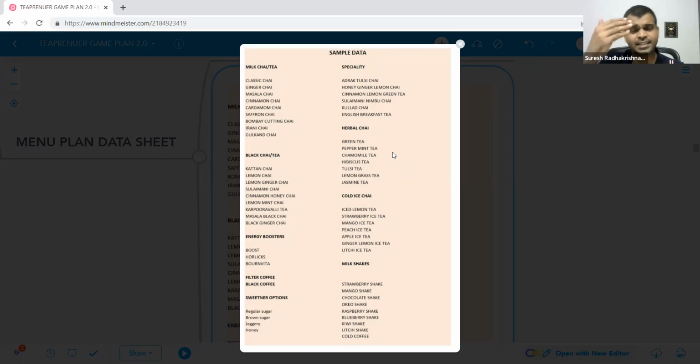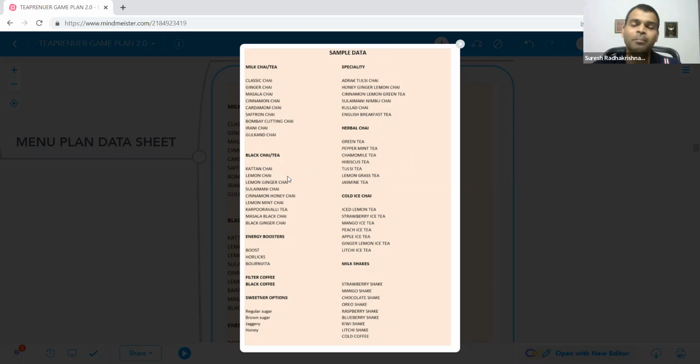So milk tea, these could be the combinations, right? Classic tea, ginger tea, masala chai, cinnamon, cardamom, saffron, Bombay cutting chai, Irani, Kulkand. It could be a lot of varieties again. Okay, but I've given you a few samples. If you don't want to do research, I'm making you guys lazy, you can pick a few varieties from here and then put it on the menu sheet.